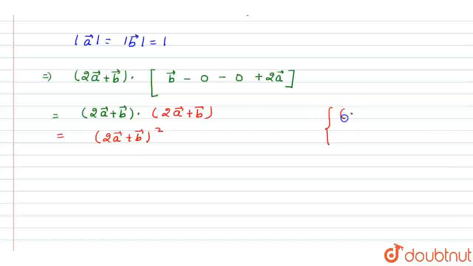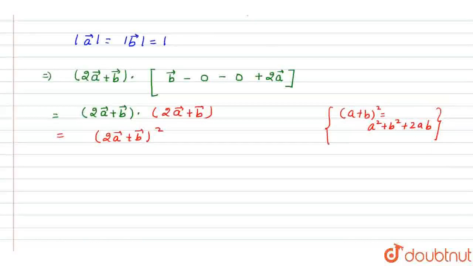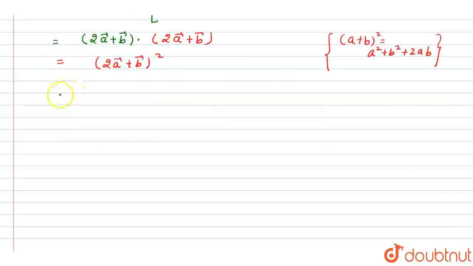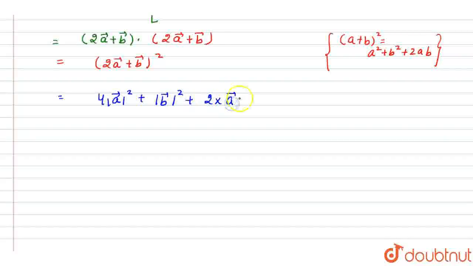Now we know that a plus b whole square is equal to a square plus b square plus 2ab. Using this identity we solve this equation. We get 4 times the magnitude of a vector square plus the magnitude of b vector whole square plus 2 into a vector dot b vector, with the 2 multiplied in. Now this value is equal to 1 and this value is equal to 1, so we get 4 plus 1.